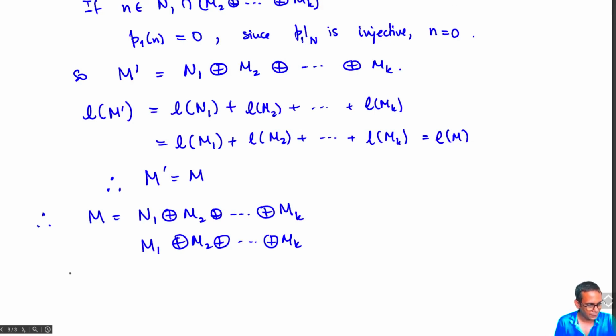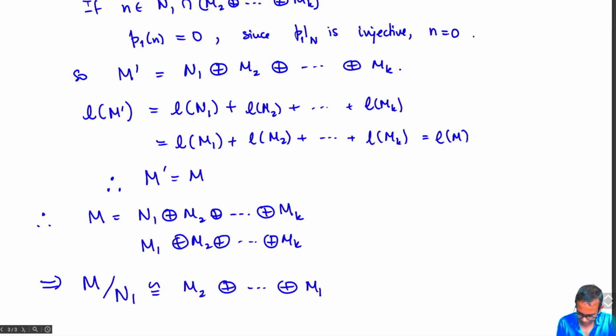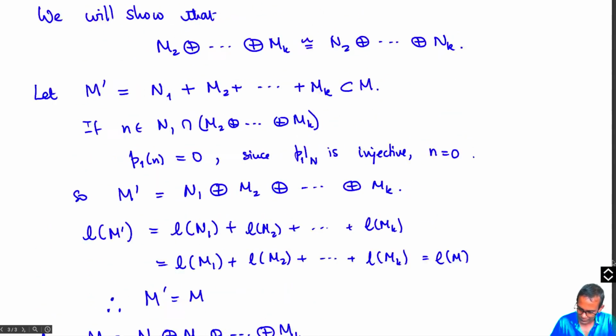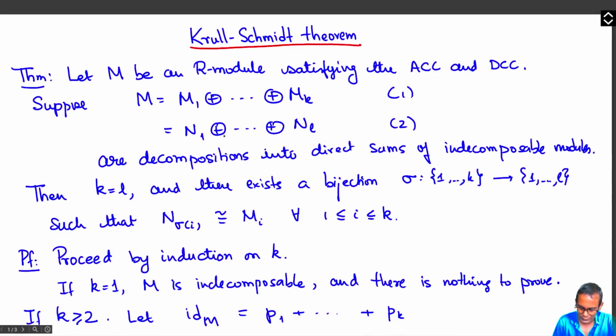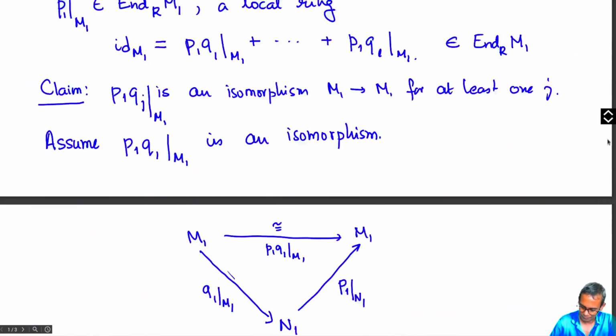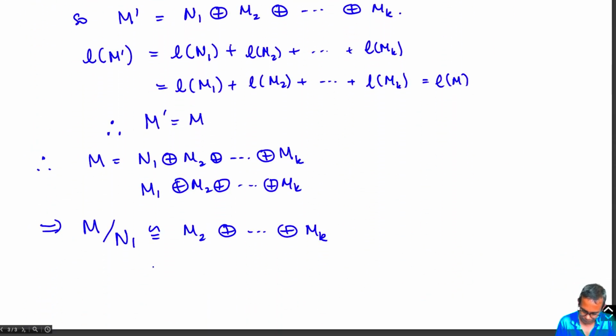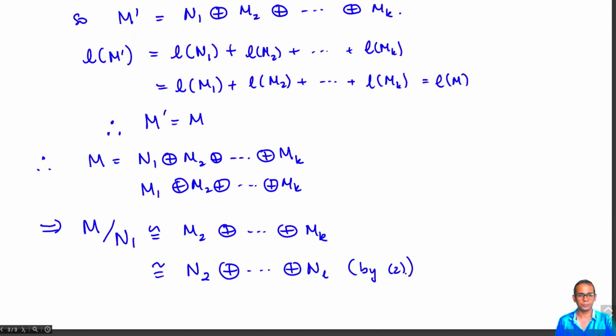So it follows that M mod N1 is isomorphic to M2 direct sum ... direct sum Mk, but also by decomposition 2 that we had up here, it follows that M mod N1 is isomorphic to N2 direct sum ... direct sum Nl.